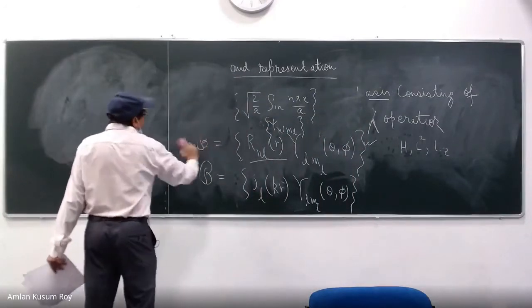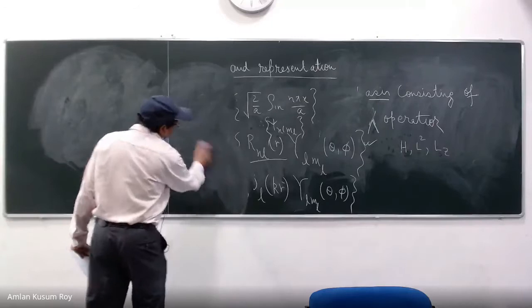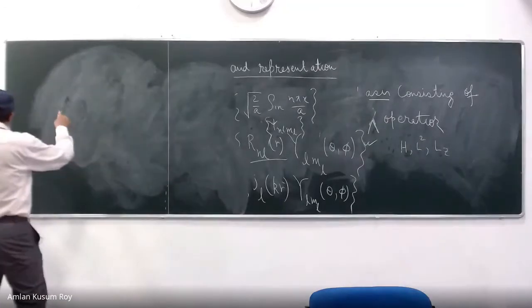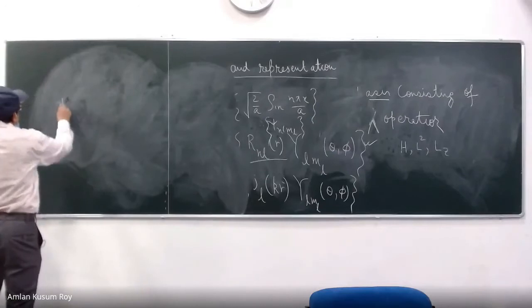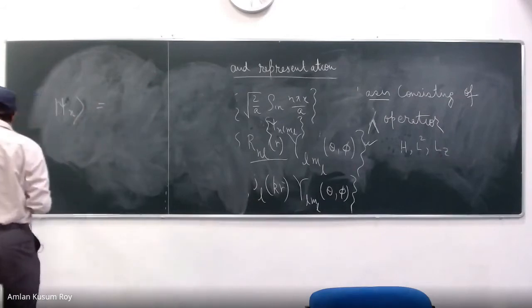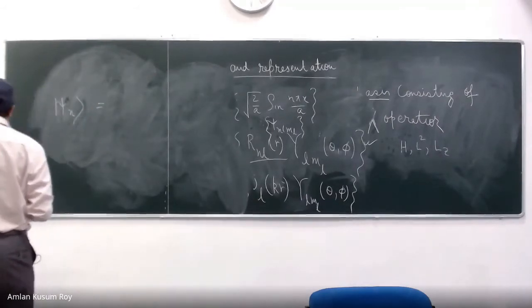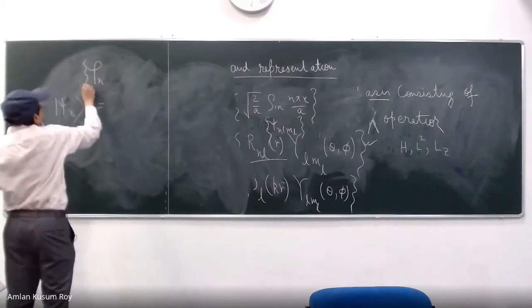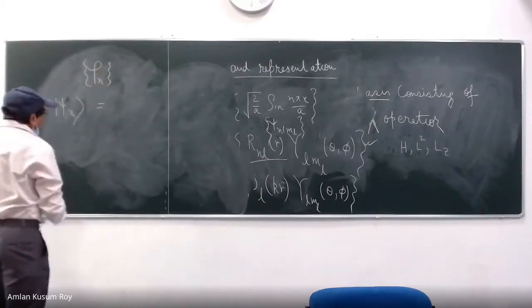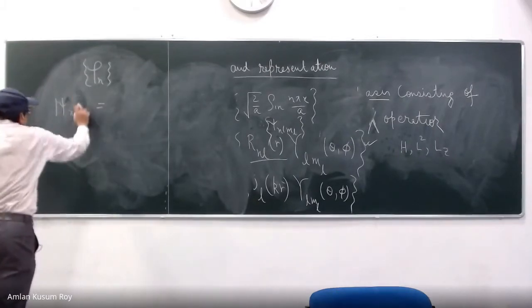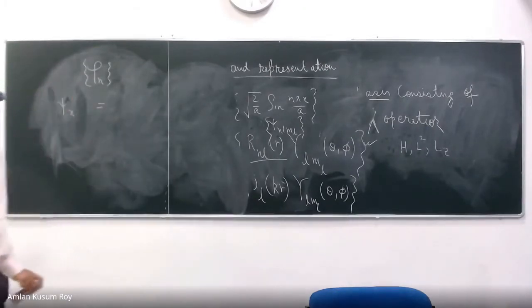Okay, very good. So now my job is very simple. Now let us see what is happening. I just now need to write, suppose psi n. Let us not yet give the psi n.